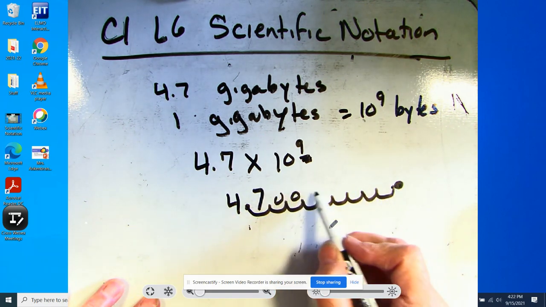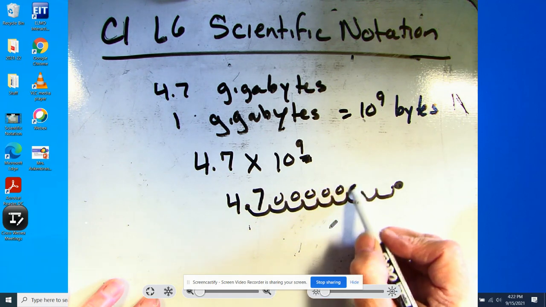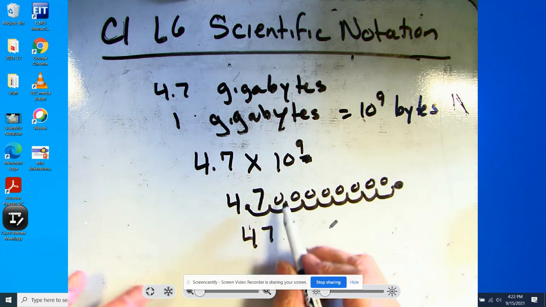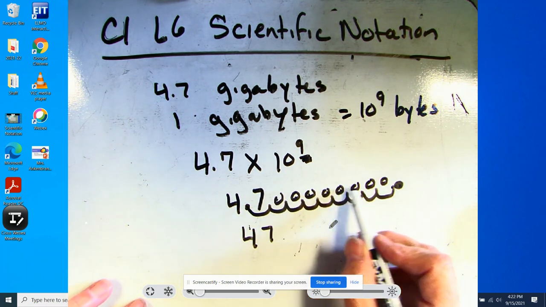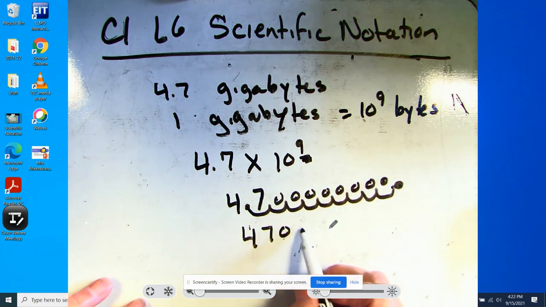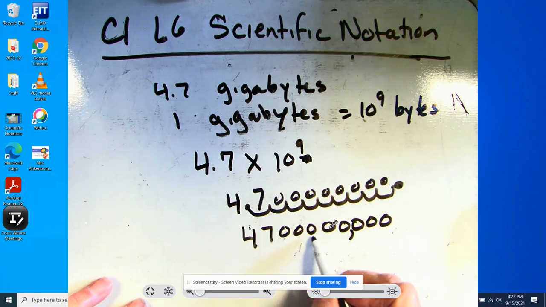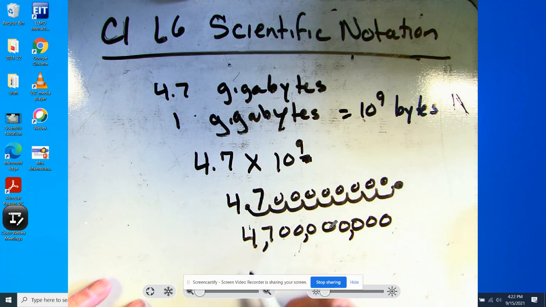We fill each of these up with a 0. So we get 4, 7, and 8 zeros. And we get this answer, 4,700,000,000 bytes of data.